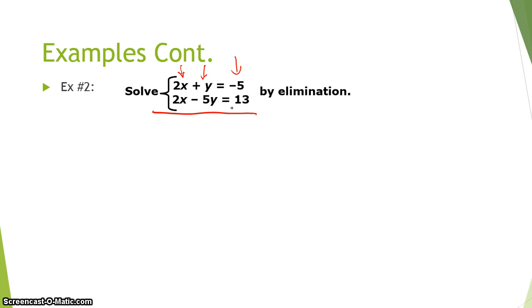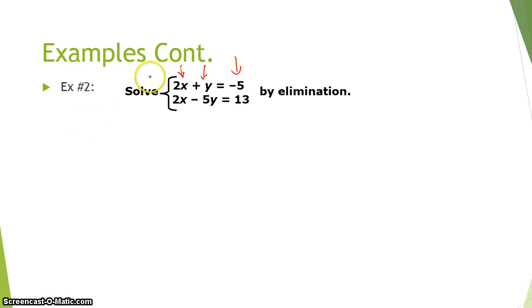Well, we can't necessarily eliminate because in order to eliminate the 2's, for instance, one 2 would have to be positive, another one would have to be negative. For the y's, we would have to have the top equation have a positive y and the bottom a negative y to eliminate the y's. So we need to do something to one of these equations in order to eliminate.